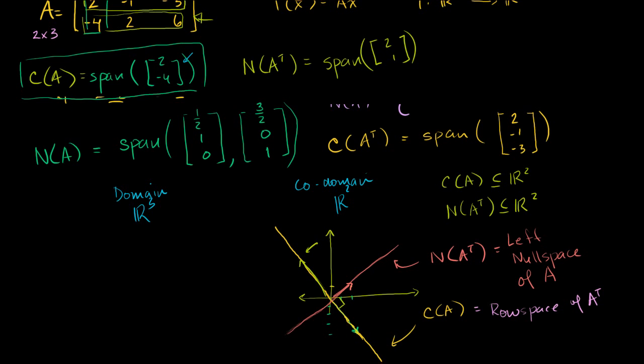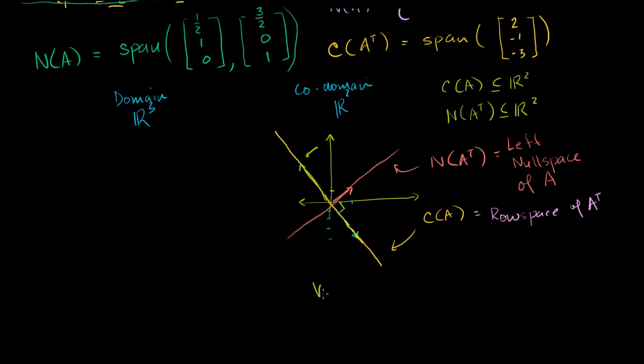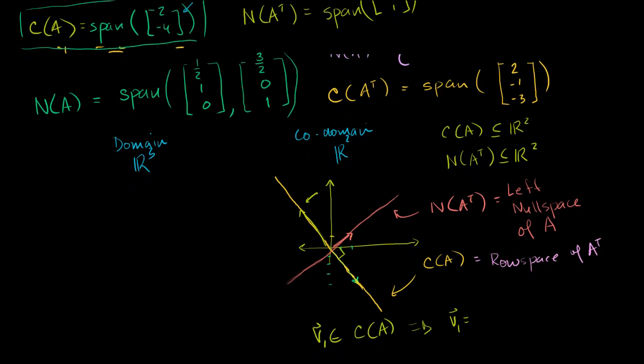I'll scroll down a little bit. So let's say V1 is a member of our column space, and that means that V1 is going to be equal to some scalar multiple of the spanning vector of our column space. So we could say it's equal to C1 times 2, -4.